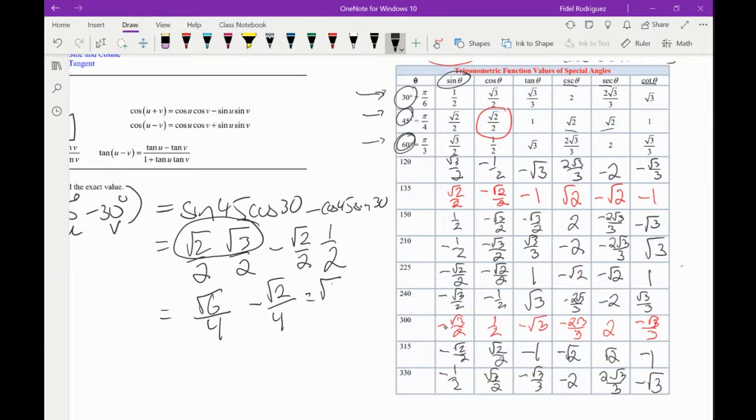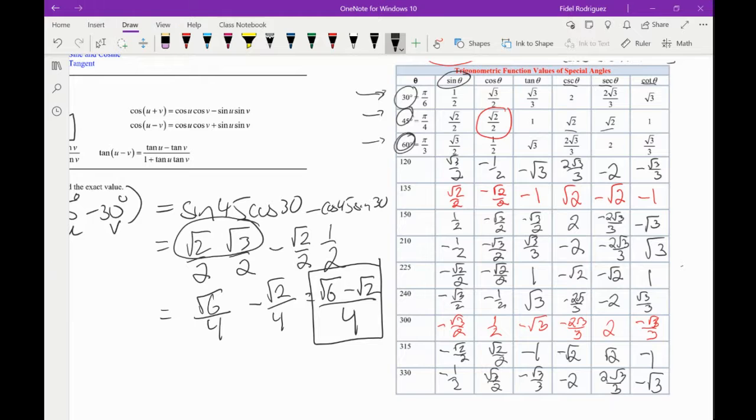So then our final answer, y'all, just to write it as one fraction, since we already got a common denominator, it's the square root of 6 minus the square root of 2 all over 4. And we found what's called the exact answer, right? So the idea here is we're going to use this table to see if we can find these special values.